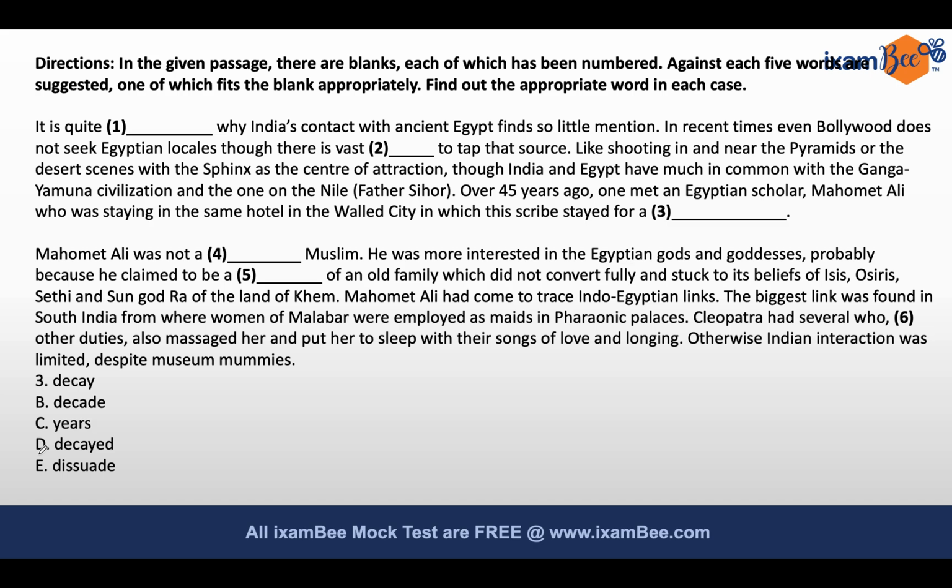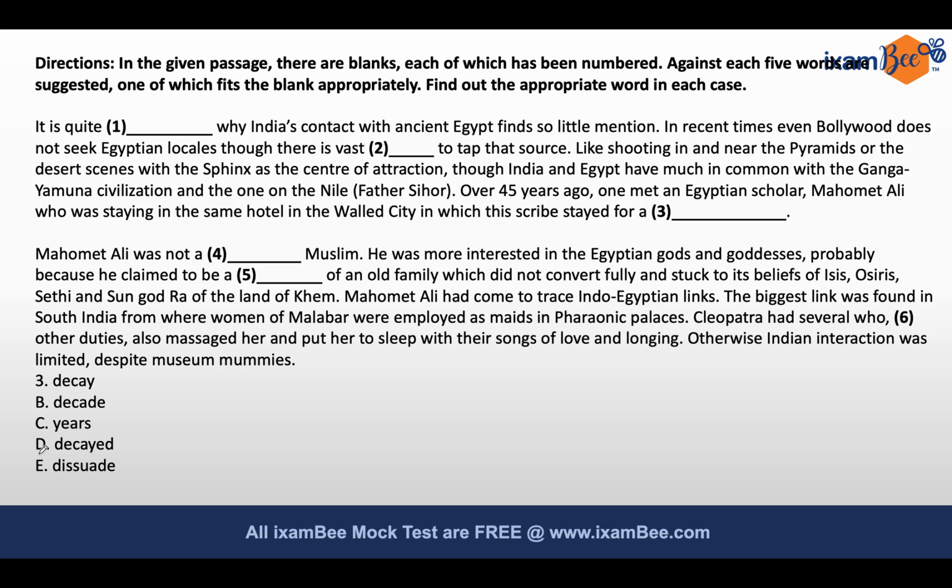Like shooting in and near the pyramids or the desert scenes with the Sphinx as the center of attraction, though India and Egypt have much in common with Ganga Yamuna Valley civilization and one on the Nile.